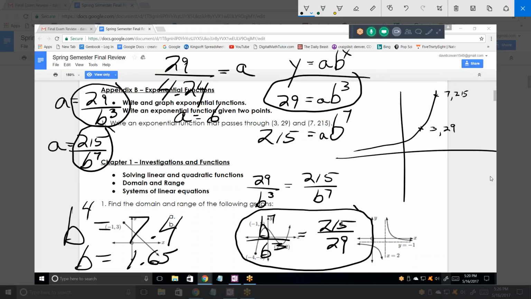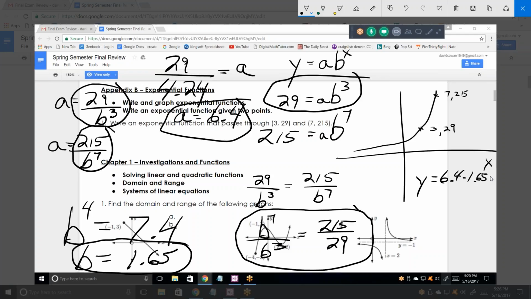Okay. So now that we've solved for a and b, we know what our equation is. What should our equation be? y equals 6.4 times 1.65 to the x. Now it's important to understand that this a is never being taken to that x power.